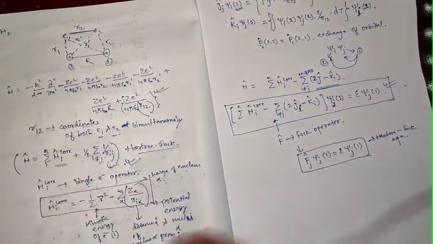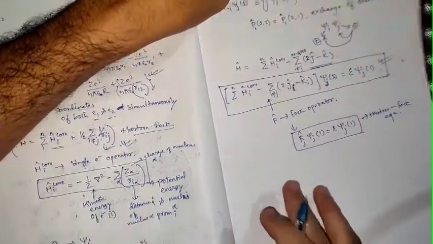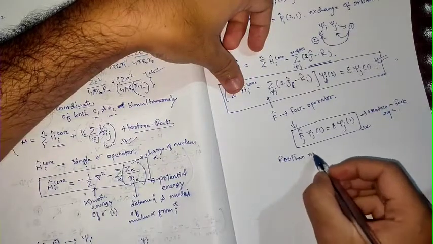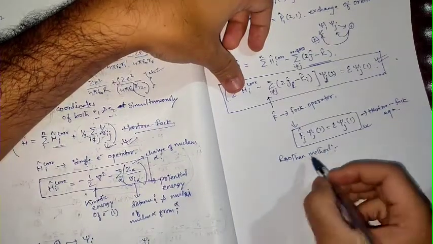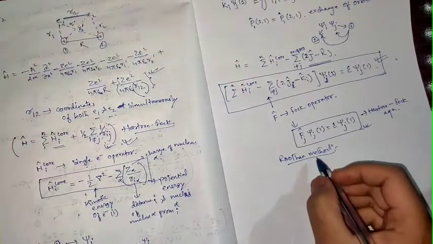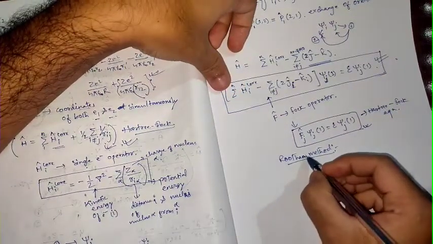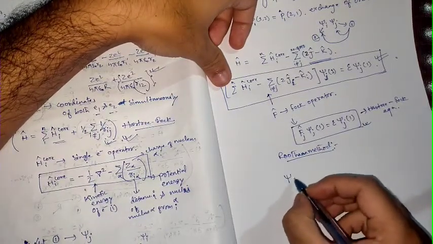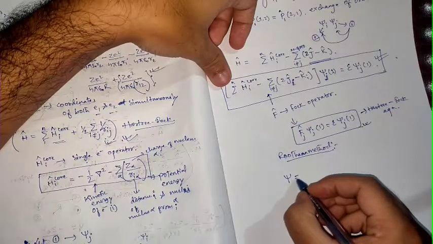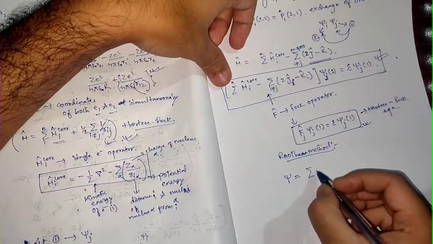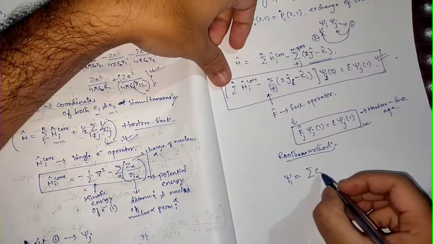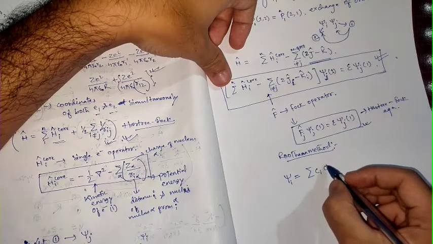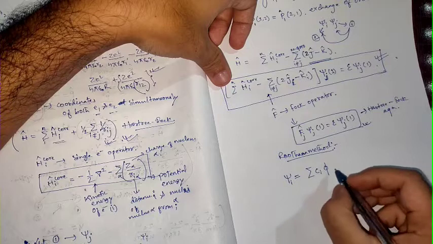Now there is one more modification to this equation, known as the Roothaan method. So what is the Roothaan method? According to Roothaan, the molecular orbital psi I can be regarded as a summation, with coefficients, of all the atomic orbitals.